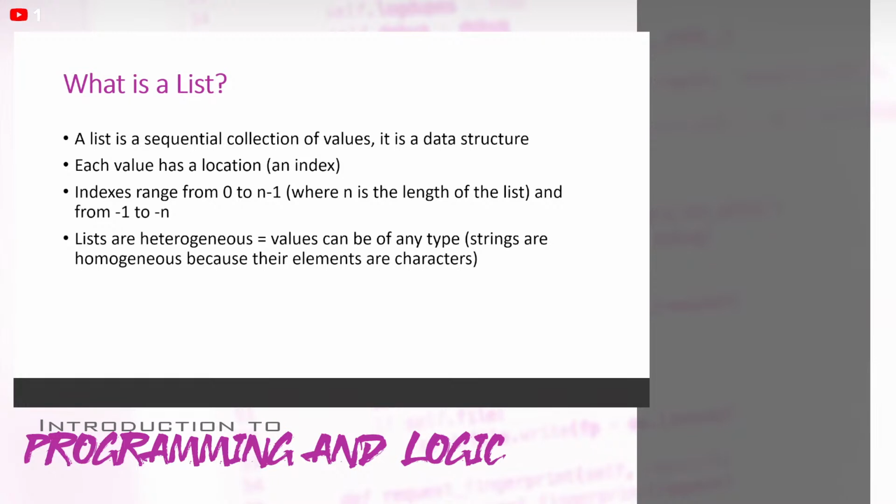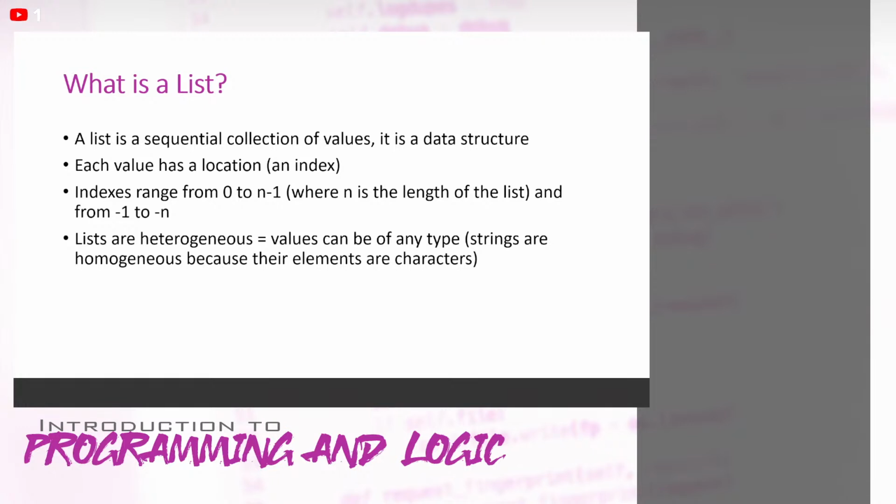So each value has a location, which is an index, and our indices range from 0 to n-1, as we said there, where n is the length of the list, right? We mentioned that last week when we were talking about length of strings, where the length of the string is, you know, how many letters are in the string. The length of our list is how many items are in our list.